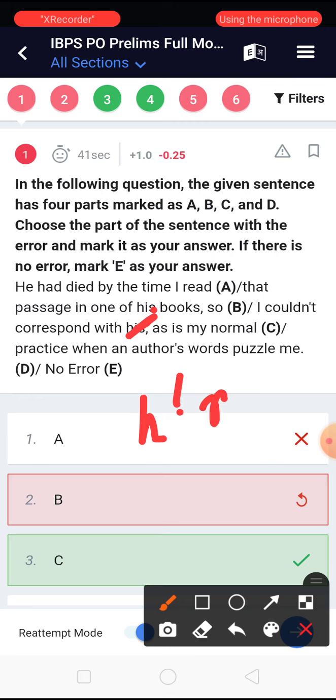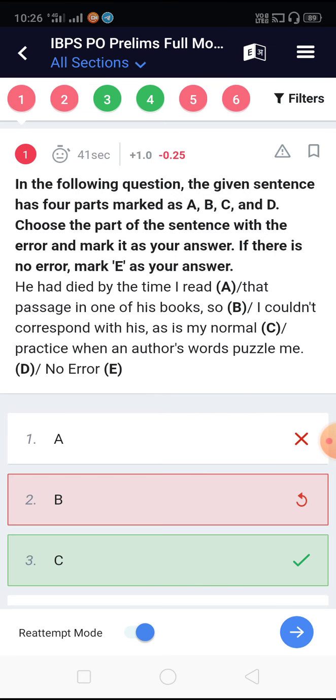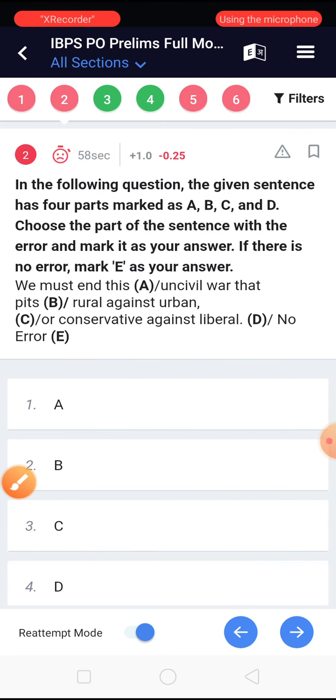Corresponding with him as in my normal practice. So he had died by the time I read that passage in one of his books, so I could not correspond with him, as is my normal practice when an author's words puzzle me. तो his के जगह him लगाएंगे. ठीक है. चलिए दूसरा पढ़ते हैं.